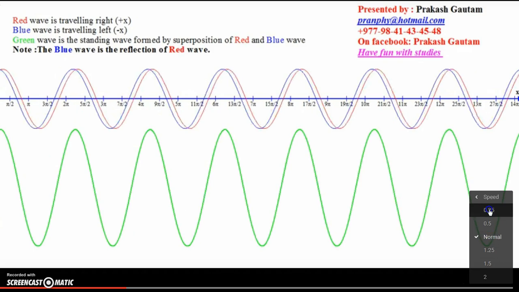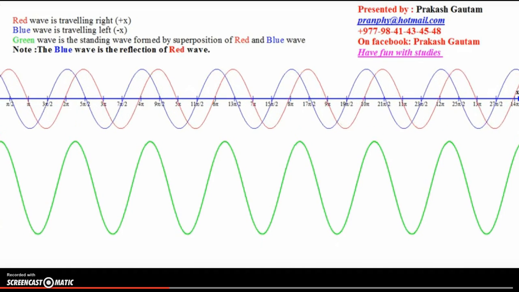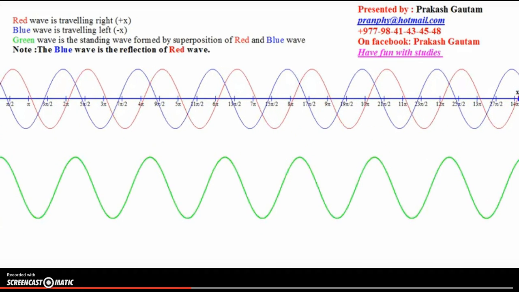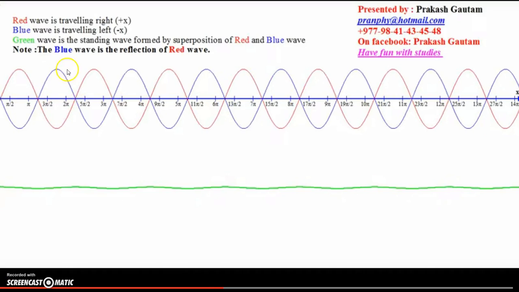And then other times, the waves are mirror images of each other. Let's watch and find a moment like that. Here we go. So this is pretty close to perfectly mirror images right there. And notice what happens to the green wave. Well, the green is just the resultant.